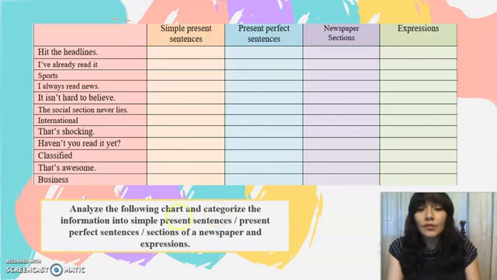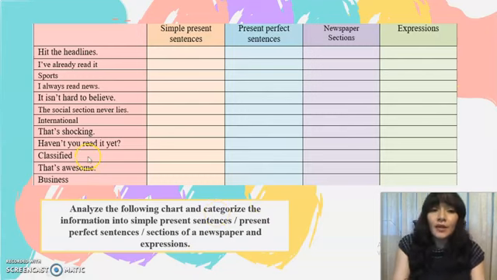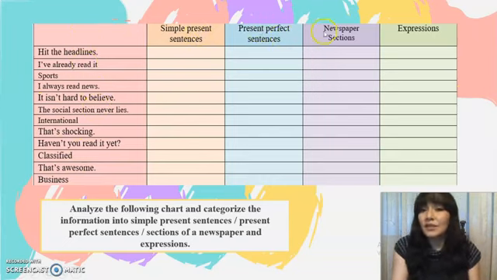And so what you have to do here is to read this information. Here you have some simple present sentences, present perfect sentences, newspaper sections and expressions. And you have to classify this information according to these categories. So let's do the first example. We have here the headlines. To which category does this information correspond? This corresponds to expressions.